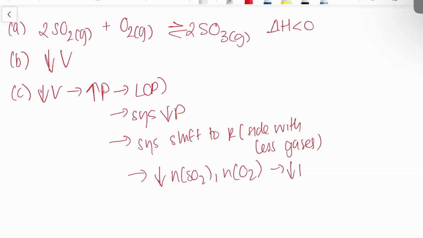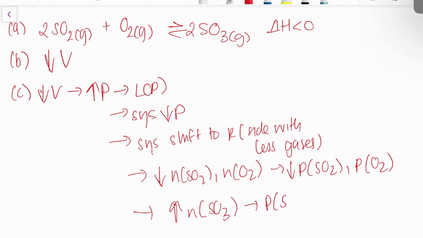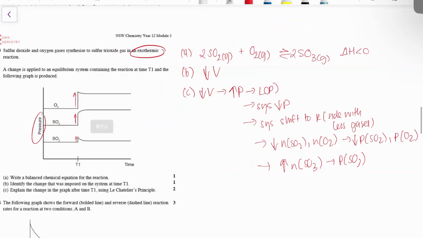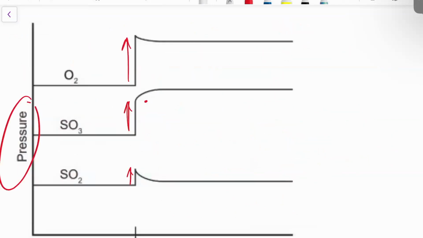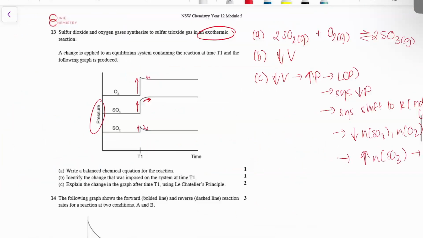So pressure of SO2 goes down and pressure of O2 goes down. And likewise, if you're shifting to the right, you make more of the stuff on the right, which means the pressure of SO3 goes up, which is what this graph shows. So SO3 goes up, whereas O2 and SO2 go down. Any questions? No.